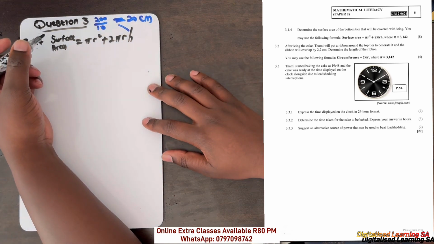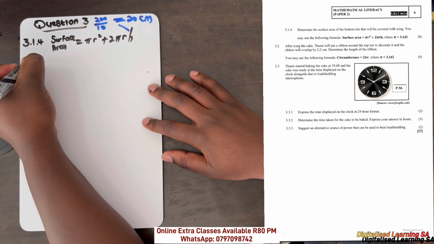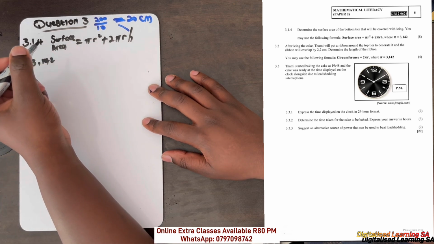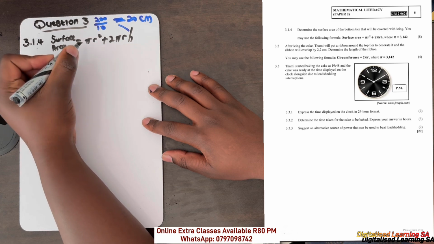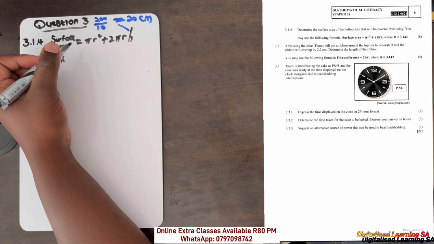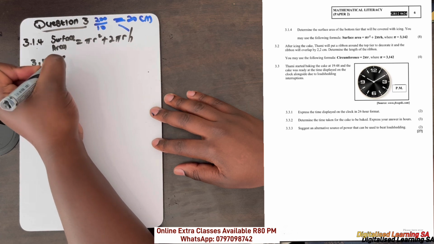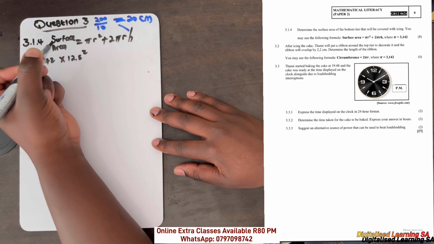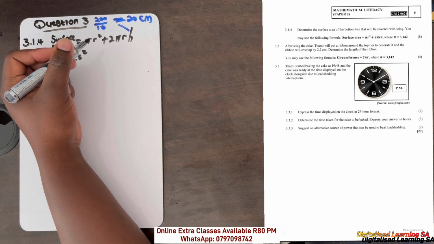We know that our pi is 3.142, and then we multiply by our radius. The radius for the bottom tier cake was 12.5 centimeters, so it will be multiplied by 12.5 to the power 2.